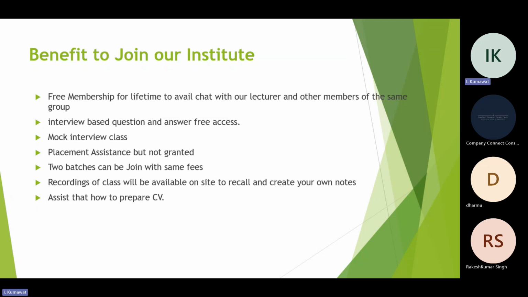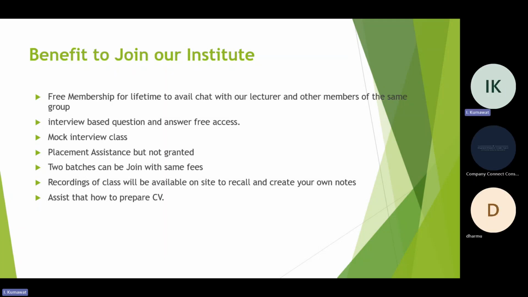And placement assistance: if we are going for an interview, our company Connect Consultancies also provides some references for placements, and they will assist you in how to attend them. One more benefit is that two batches can be joined with the same fees; you have to discuss that with the ma'am. Recordings of the classes will be available on the site to recall and create your own notes.